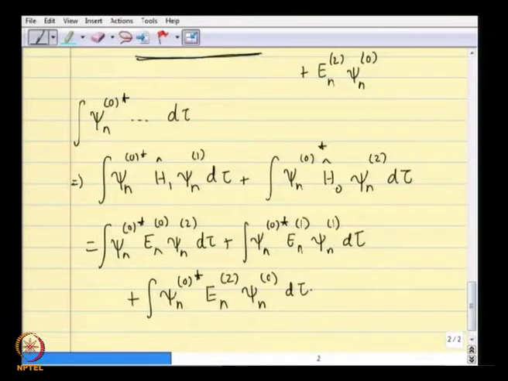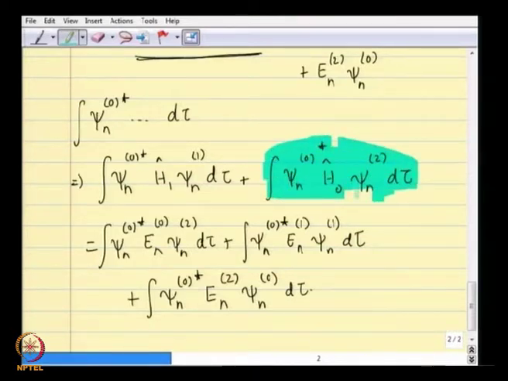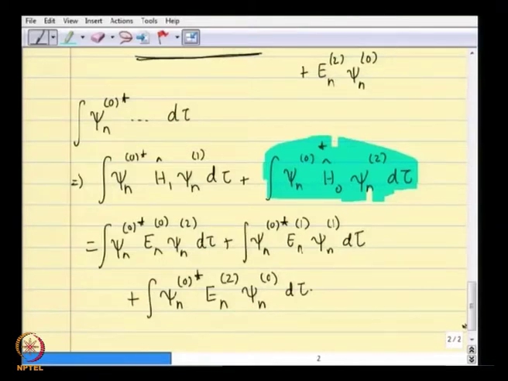We can look at this and cancel some of the terms immediately. Let us look at this term. You see that H naught acting on the wave function psi n2, which we still do not know what the second order correction to the wave function is, we only know the first order correction. Therefore, H naught can also act on the wave function on the left hand side. Being a Hermitian Hamiltonian, it gives you the eigenvalue corresponding to the psi n0 star, which is also En0.